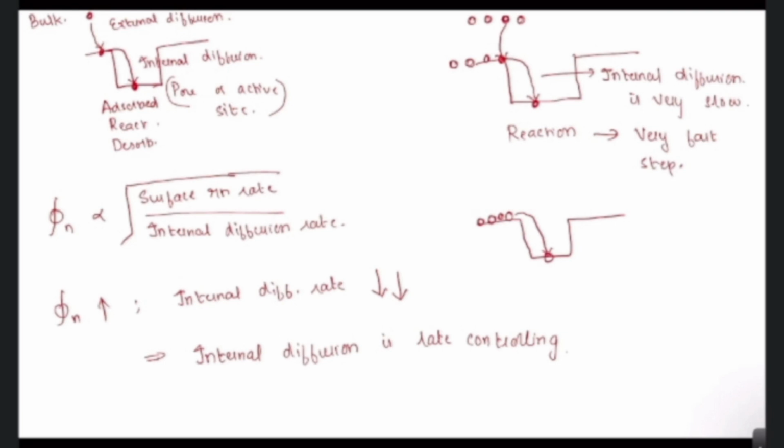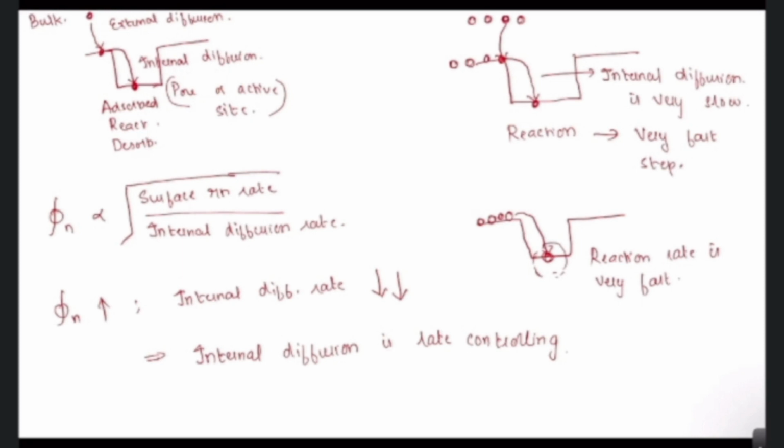The moment they get adsorbed on the catalyst site, reaction happens because the reaction rate is very fast. So the moment this reactant particle gets adsorbed on the active site of your catalyst, reaction will happen very fast, and because of this, this particle will just vanish immediately.